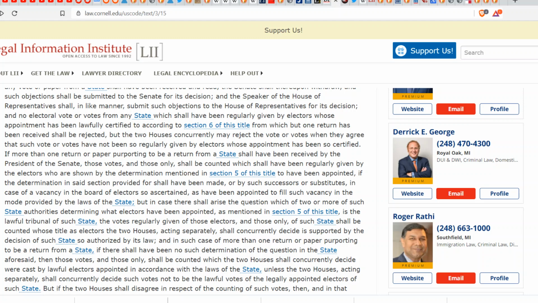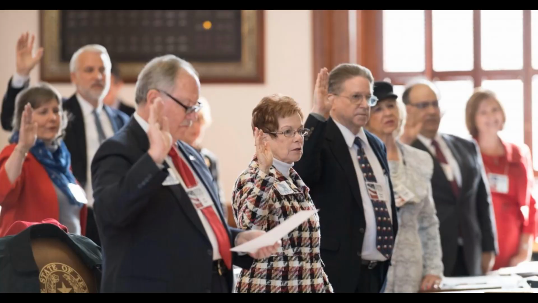And in such case of more than one return from a state, if there shall have been no such determination of the question of the state aforesaid, then those votes and those only shall be counted which the two houses shall concurrently decide were cast by lawful electors appointed in such votes not to be the lawful votes of the legally appointed electors of such state.